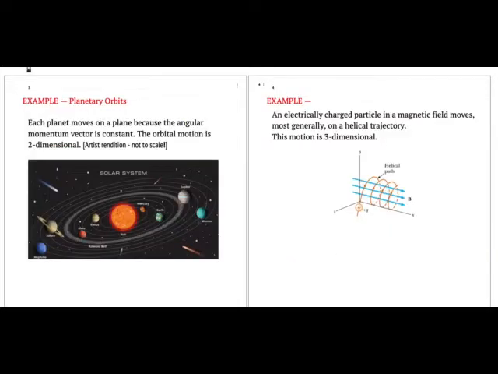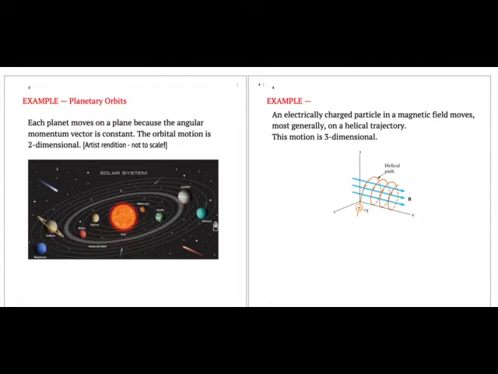I mentioned that we live in 3 dimensions, but many mechanics problems reduce down to 2 dimensions. So here's some examples of that. Planetary orbits. The planets revolve around the sun, including the Earth. So here's sort of an artist's rendition of the solar system, not drawn to scale, obviously. Now, the solar system is in 3 dimensions, but it turns out any planetary orbit will be on an orbit plane.